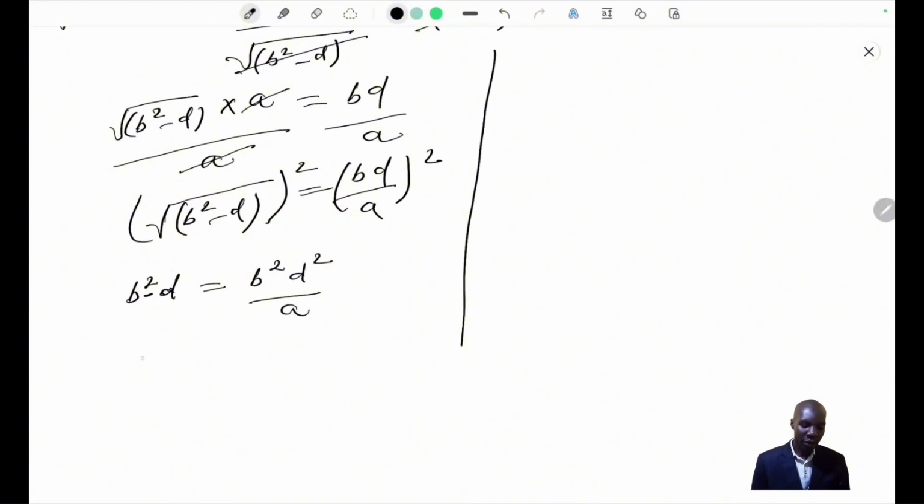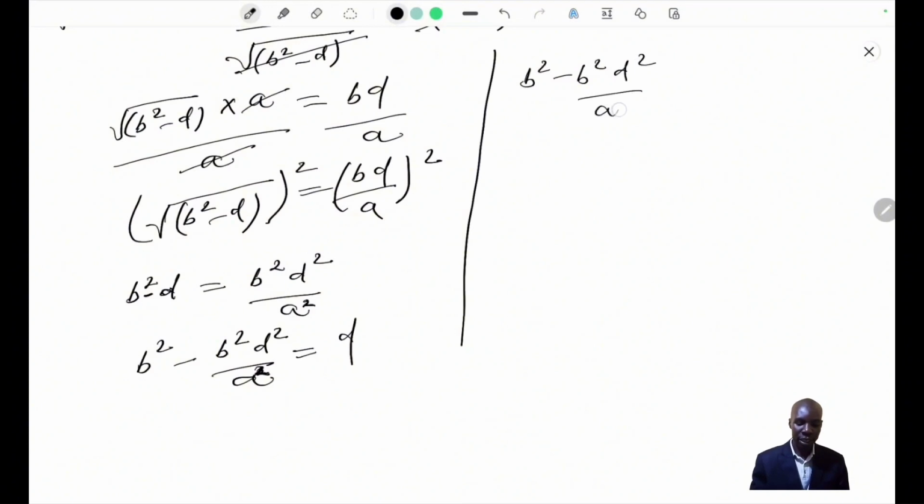So I'll have b squared minus b squared d squared over a squared. Remember, this is also squared. So we have b squared minus b squared d squared over a squared equals d.